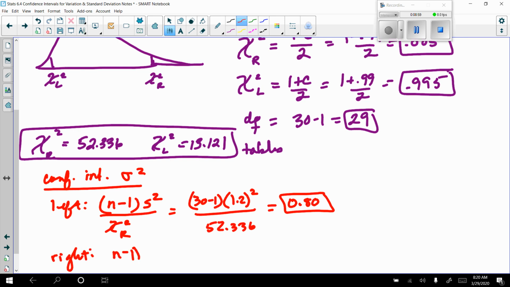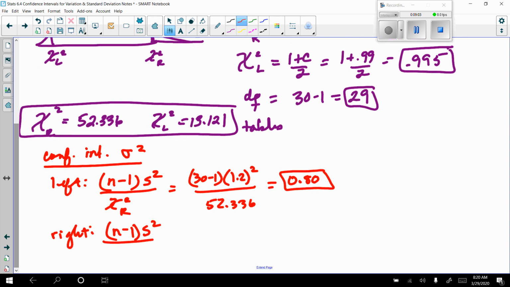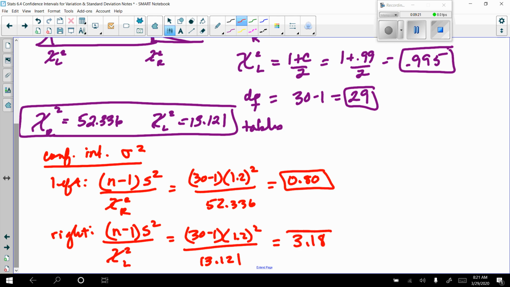And for my left, it's n minus 1 times s squared over chi-square to the left, which is 30 minus 1 times 1.2 squared over 13.121, which gives me 3.18.